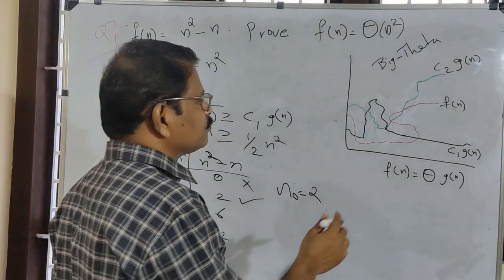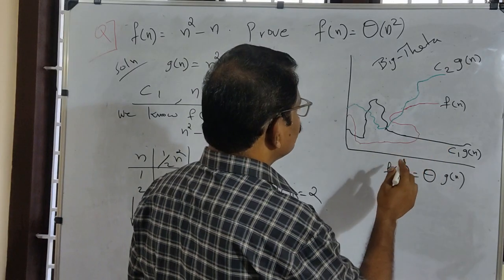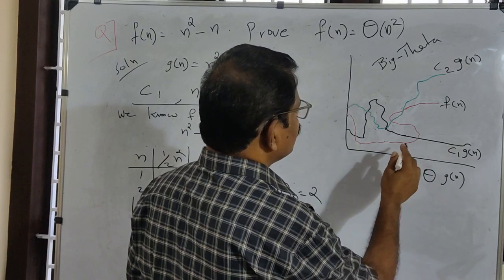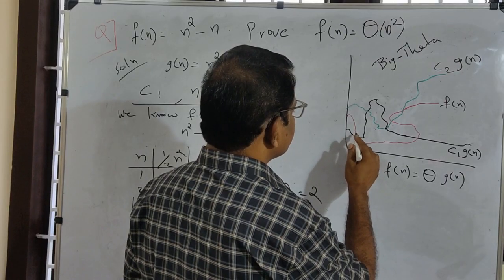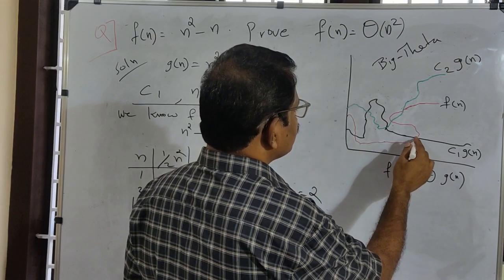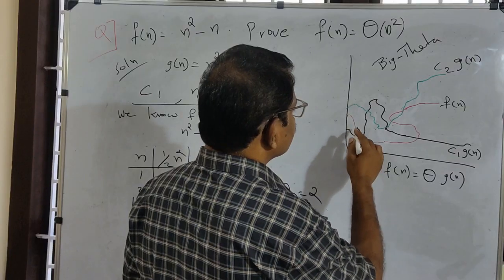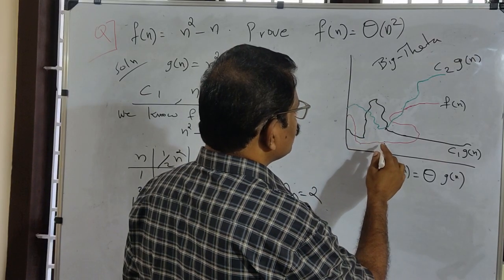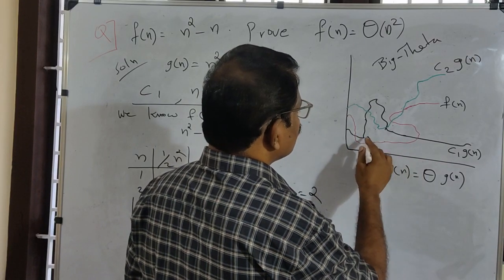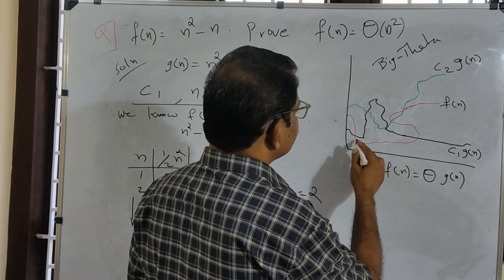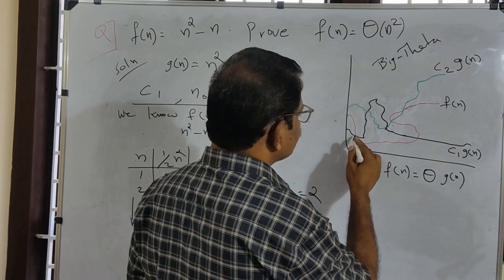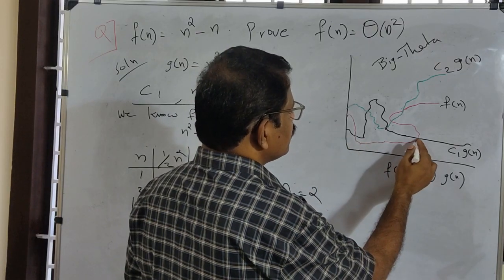We are considering c1 into g of n. The c1 into g of n touches here as well as here. So after this point, f of n, it is in red, is less than c1 into g of n after this point. So this cannot be considered.